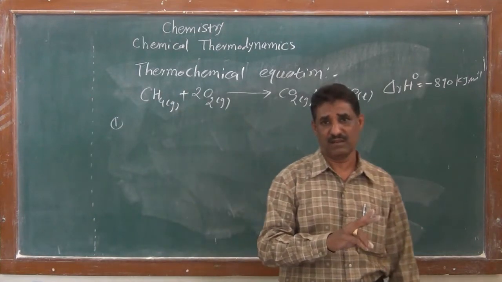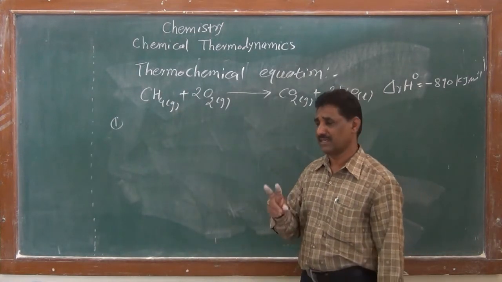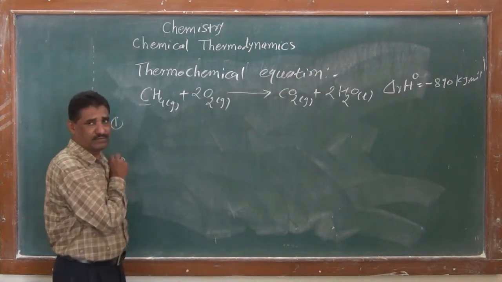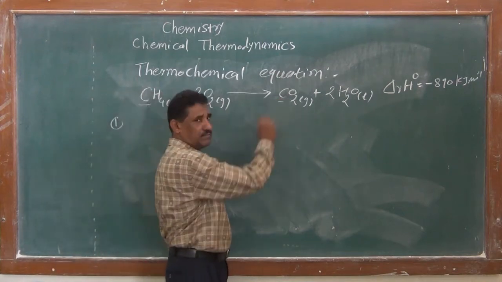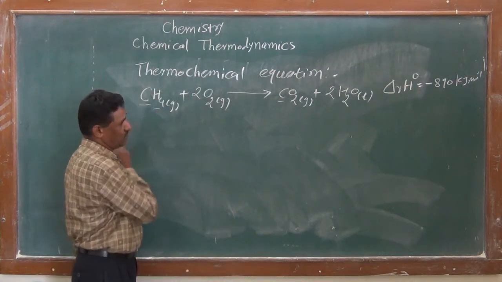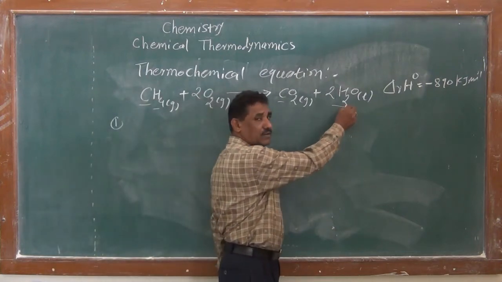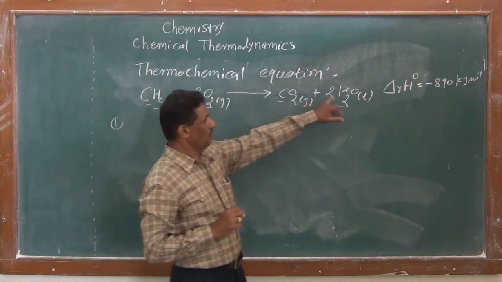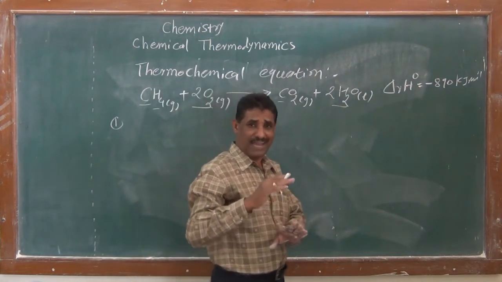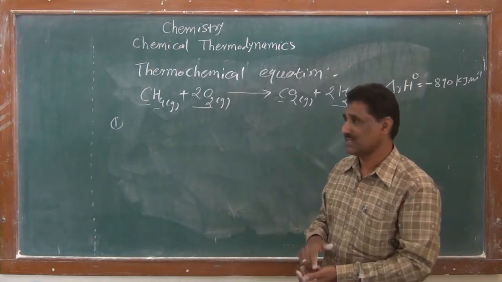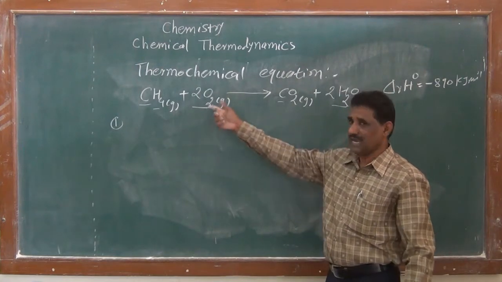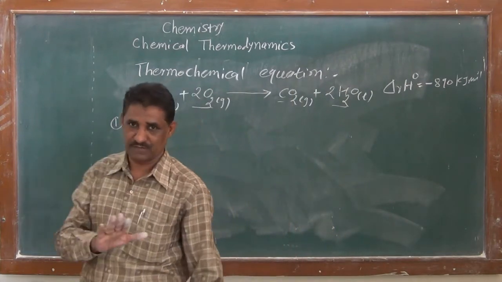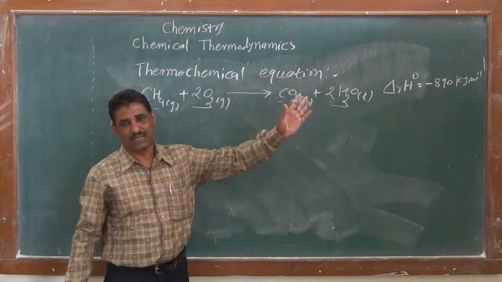Here is one carbon, here is one carbon. Here 4 hydrogen, here also 4 hydrogen. Here 4 oxygen, here 2 plus 2 oxygen. All atoms in the reactants and products are the same, hence that reaction is called a balanced chemical equation.